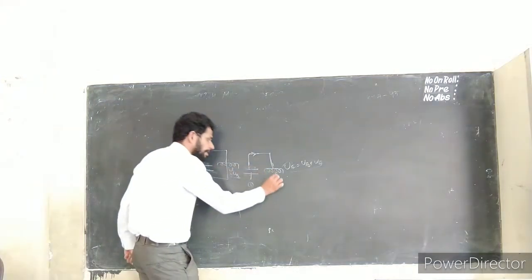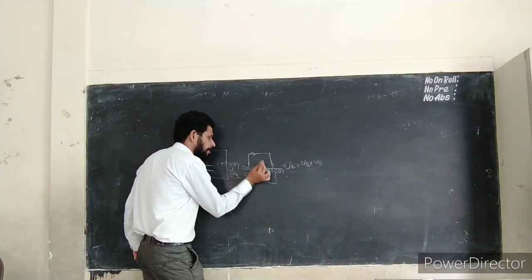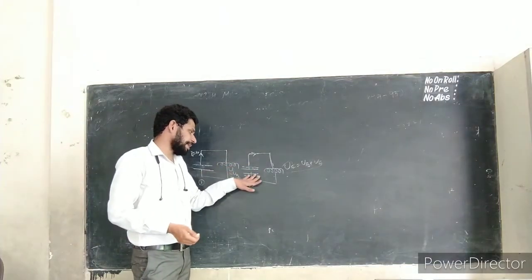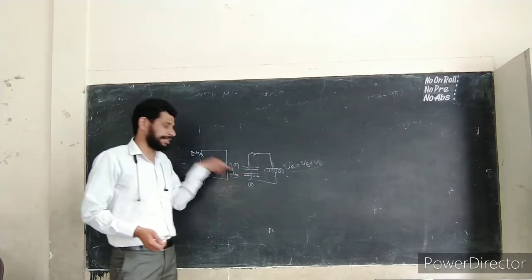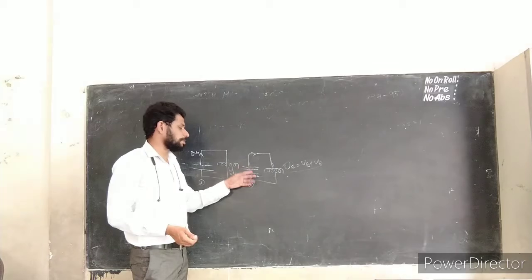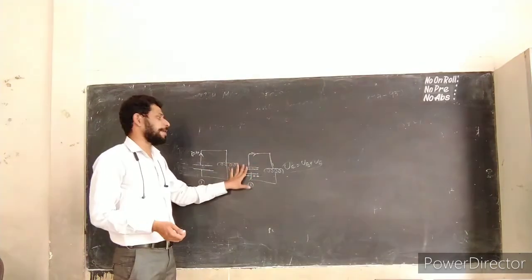So all the positive charges will accumulate in this direction and negative charges in the opposite direction. So the induced EMF will be developed. That EMF will be stored as charges in this capacitor in the opposite direction. Once all the charges are stored, positive here and negative here, the whole energy becomes electrical.